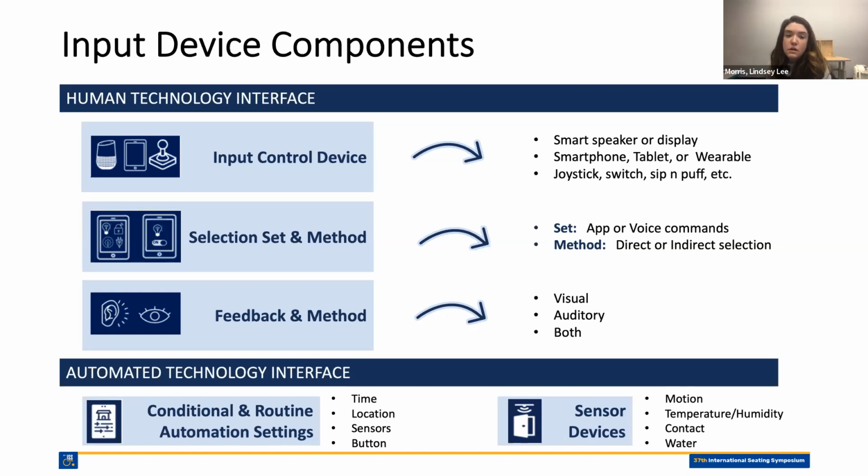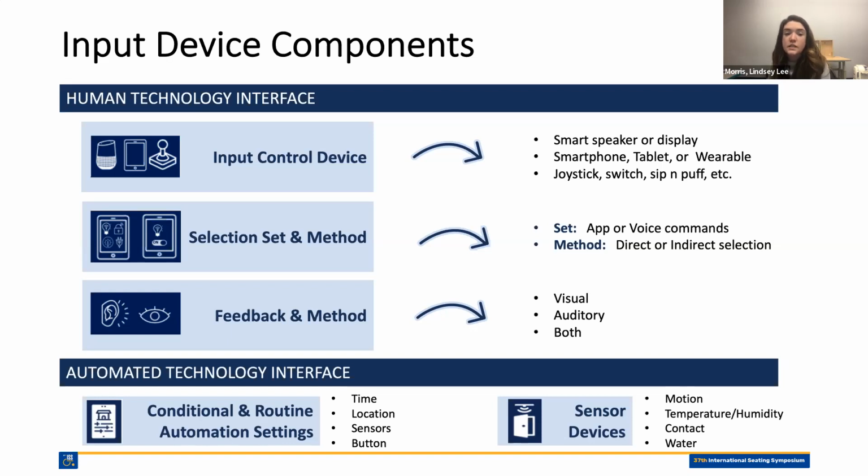The methods are either direct or indirect. A lot of the apps give you opportunities to group your devices by rooms in your home or the type of device that it is. In that sense, you would have to go through multiple clicks to get to your final option, but there are also direct methods, where you can pin your favorites on your homepage for touch. For voice control, it's primarily direct.